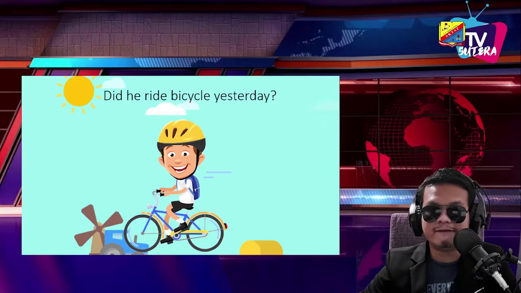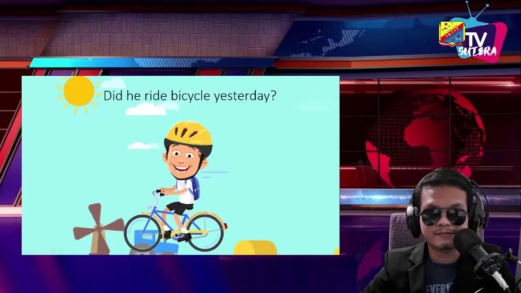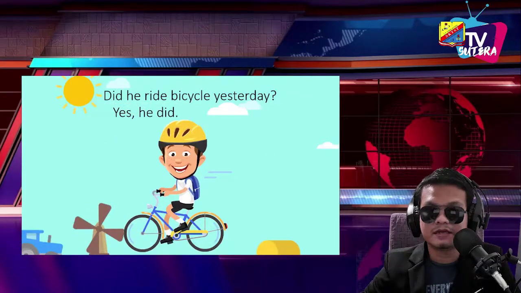Now when we have a question with the word did, the verb here we use is the original verb, even though this incident happened yesterday, right? So did he ride a bicycle yesterday? So the answer is definitely yes, he did.